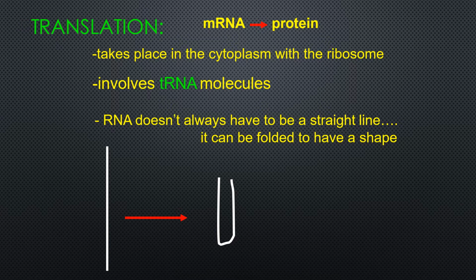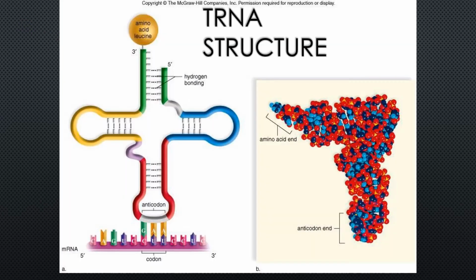But RNA doesn't always have to be in a straight line. It can be folded and have a U shape. And in fact, that is what tRNA looks like. So this is an example of tRNA. Even though it's called transfer RNA for the function that it provides, it's also helpful because it looks like a T in its structure.